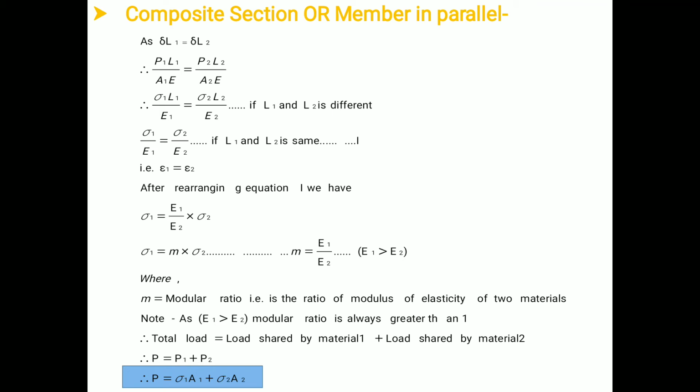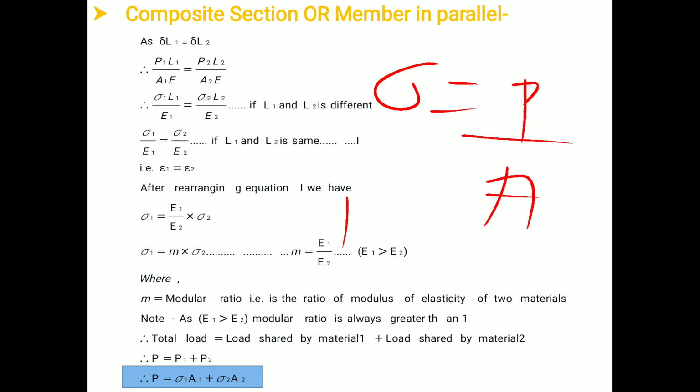It indicates that the total load will be shared by section 1 and section 2. But all of you know that sigma is equal to P by A. Therefore P is equal to sigma A. On putting the value of P in this equation, I have P is equal to sigma 1 A1 plus sigma 2 A2. So this is the final relation for the composite section.